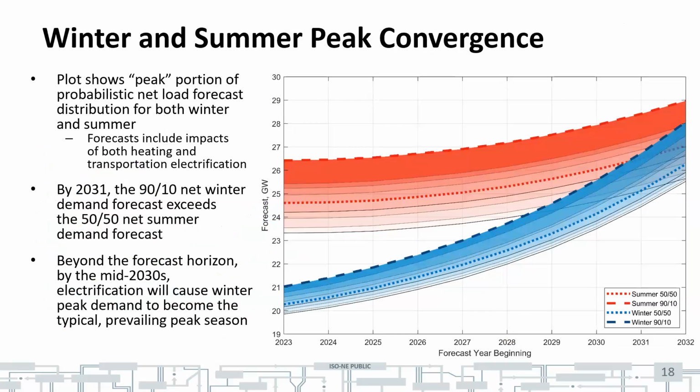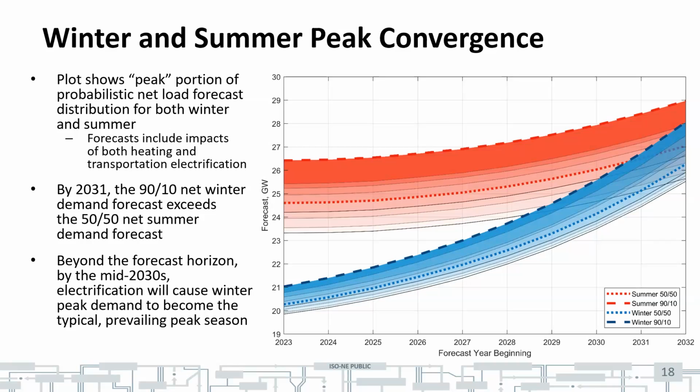What does it mean in terms of our seasonal peak forecasts? This plot is inclusive of all electrification, but just to give you a sense, this is the peak eliciting portion of our probabilistic forecast for summer and winter over our 10-year forecast horizon, with the red shaded areas being our summer peak demand and blue shaded areas being our winter peak. What we refer to as our 50-50 demand are the dashed lines in the middle of these percentiles, and our 90-10 is the top dashed trace of each one.